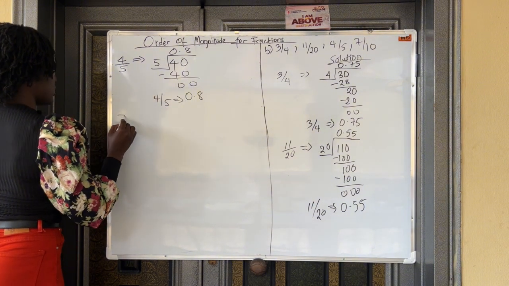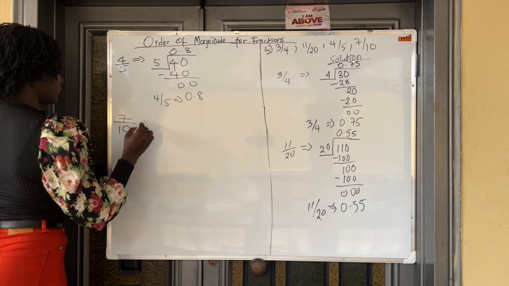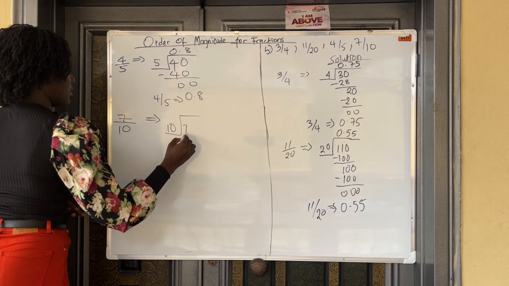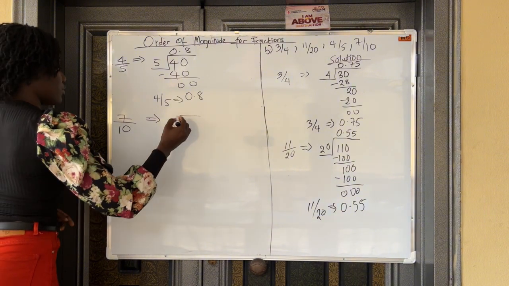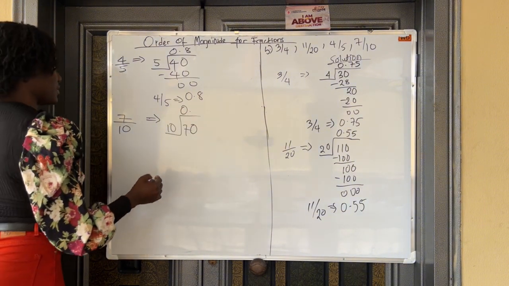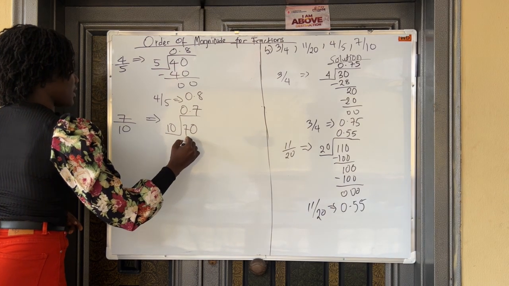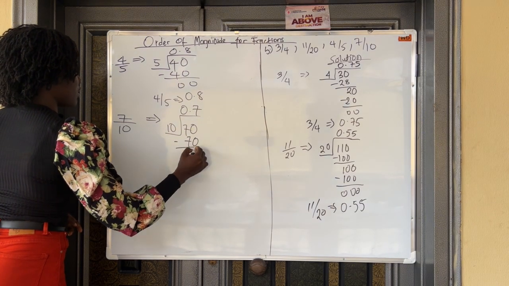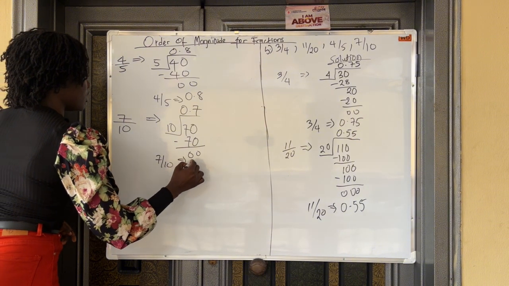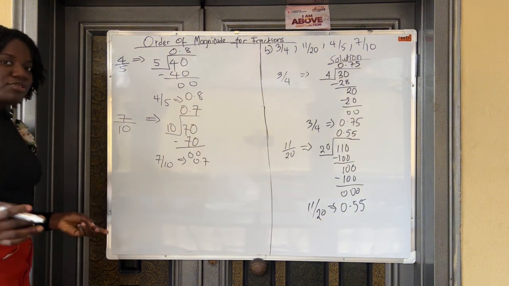And the last one is 7 over 10, to decimal. Denominator stays here, numerator stays here. 10 divided into 7, it can't go. So I'm going to have 0 point and add our 0 here. So 10 divided into 70 is what? 7. 7 times 10, 70. Subtract, I have 0. Therefore, 7 over 10 is 0.7.